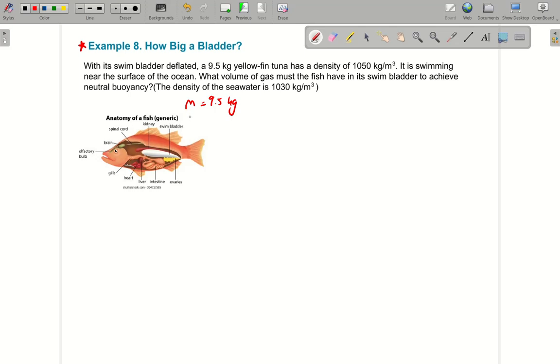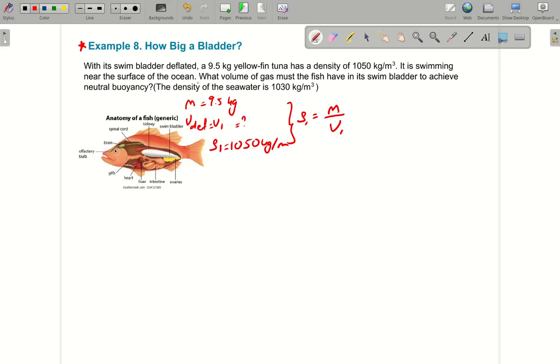And its density with this volume deflated, maybe we'll call it V1, we don't know. But its density, rho 1, is 1050 kilograms per meter cube. So simply using rho equals mass divided by volume, you can find what that volume 1 is, right? Mass over V1, rho 1.